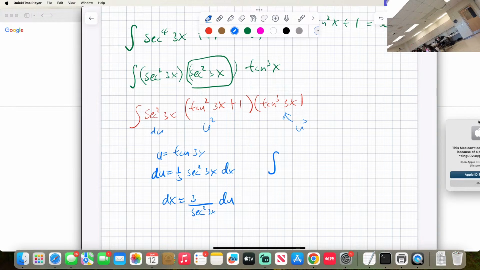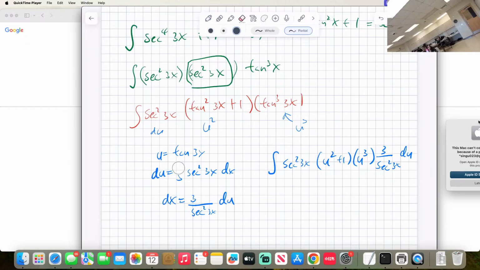In this case, that's going to be secant square of 3x, this one is u squared plus 1 times u to the third, and this one is du over 3 secant square of 3x.